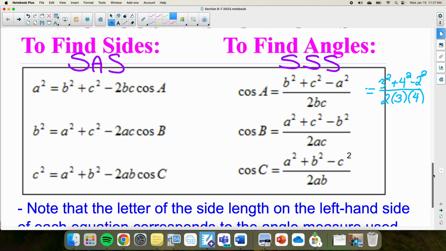So here's what does work, regardless what calculator you have. You can type in 3 squared plus 4 squared minus 2 squared, enter. And then we divide by 2, but then you have to divide by 3 and divide by 4. You divide by every single thing, all 3 things. And then when it comes up, that's going to be the cosine of A. So you're going to get a decimal less than 1.